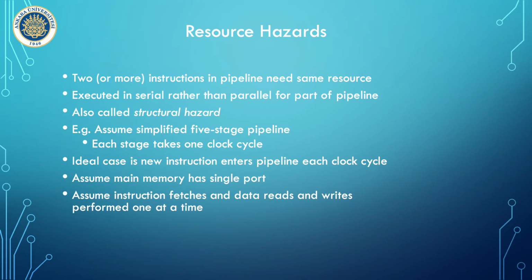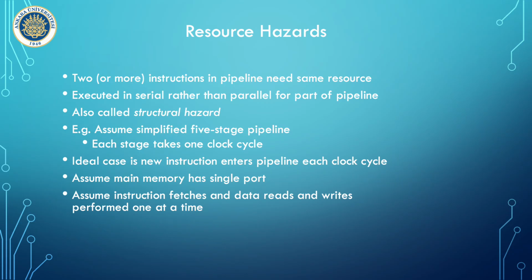A resource hazard, also called a structural hazard, happens when two or more instructions in the pipeline need the same hardware resource at the same time. For example, if instruction fetch and data access both need to use main memory and the memory has only one port, they cannot proceed in parallel.